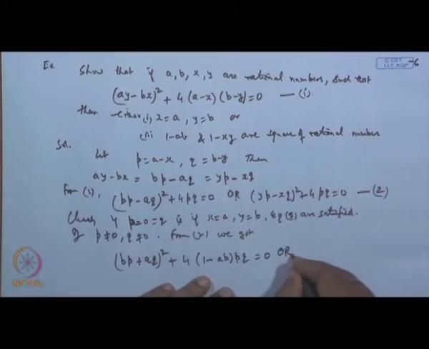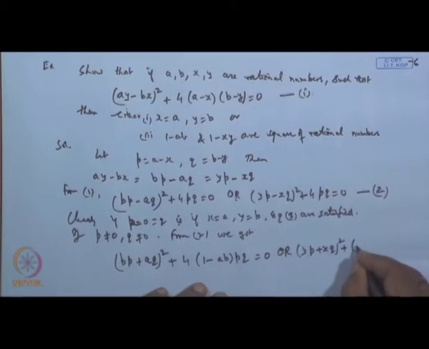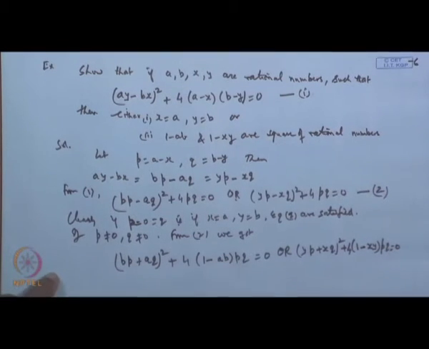Similarly, if I take here (yp + xq)^2, then you get 1 minus xy, 4 times of this into pq is 0. This is from 2. Now, divide by pq.